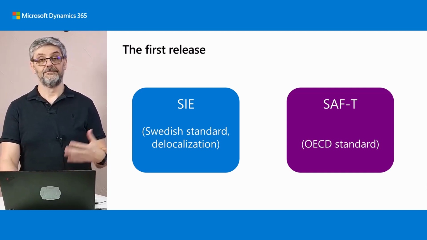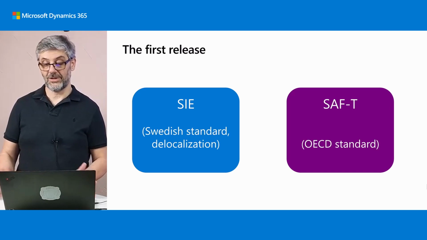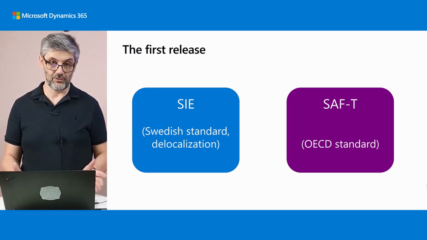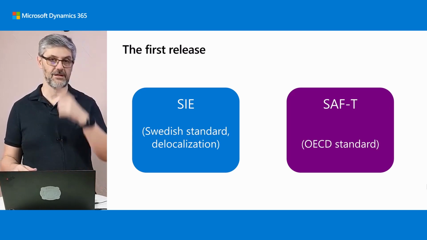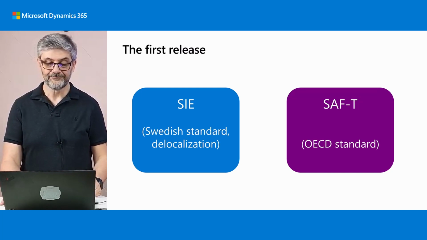There are situations where SAF-T is used outside of the OECD standard, but the OECD standard is currently used in Norway, Denmark, Austria, and some other countries, and it is the most popular SAF-T standard worldwide.